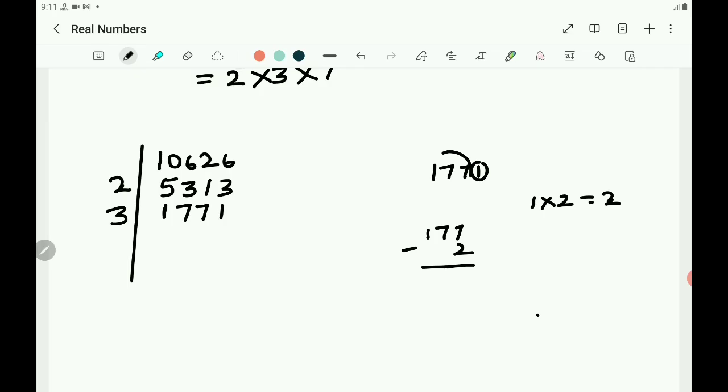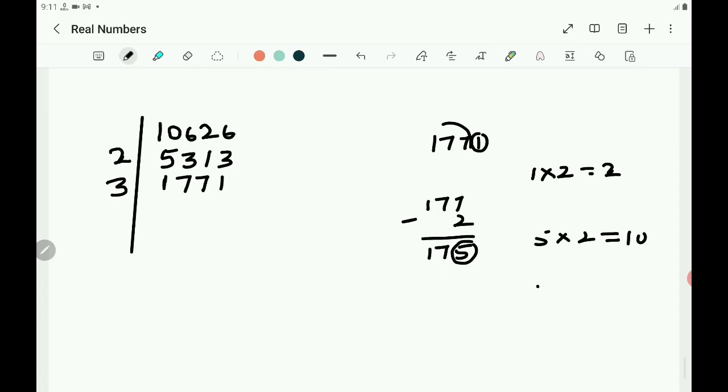You will get 175. Then you take 5. 5 into 2, 10. 17 minus 10, that is 7. And you got 7, which is in the table of 7. So this number 1771 is divisible by 7. So you divide it by 7.